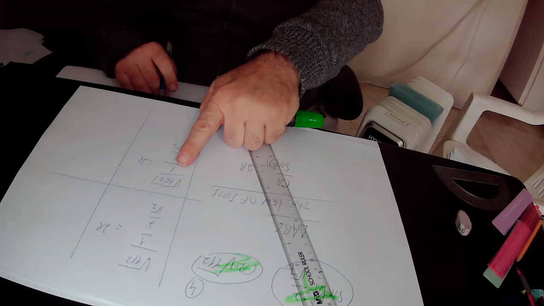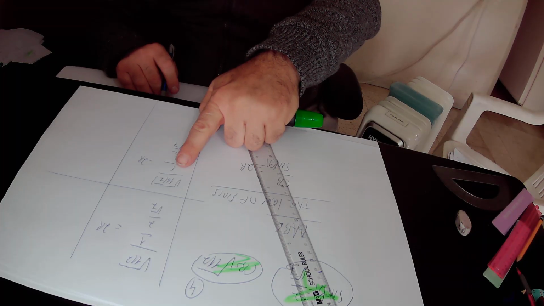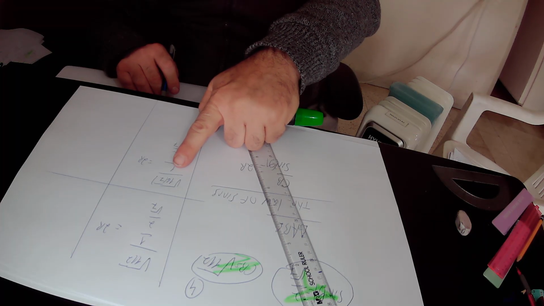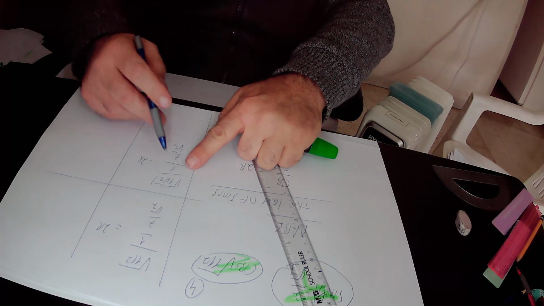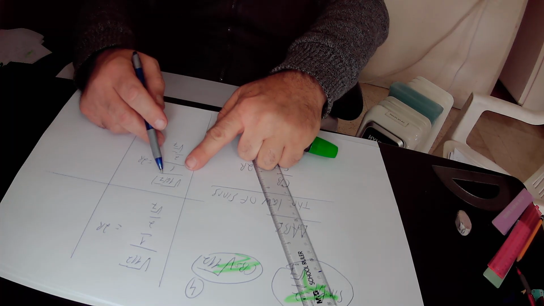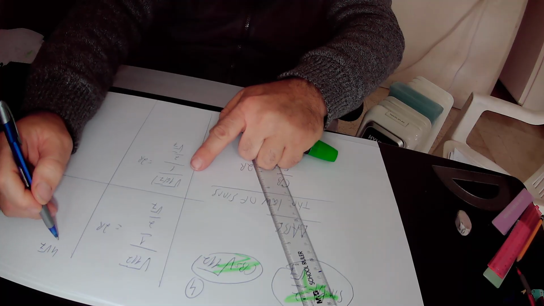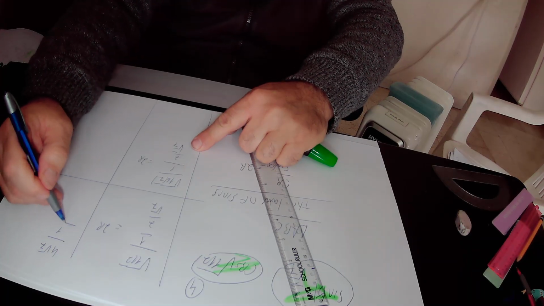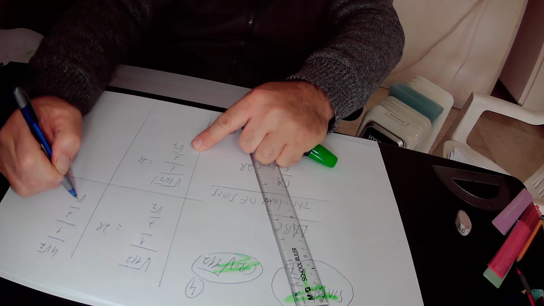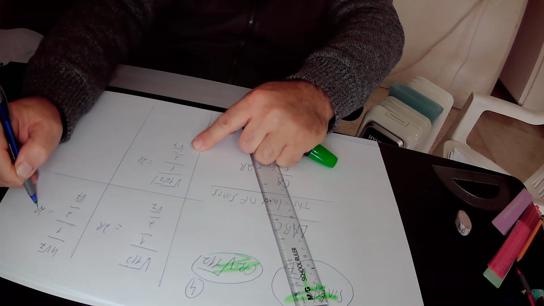Here we take 16 out of the root. The square root of 16 is 4, so inside the root we are left only with 7. So this expression equals 4 times root of 7 over 2 over root of 7, which equals 2r.